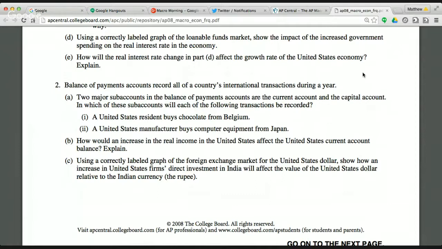Did they start on time? I hope it's on time. But it's not nearly as long as AP US.